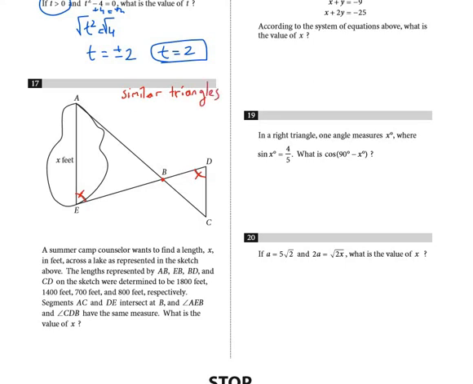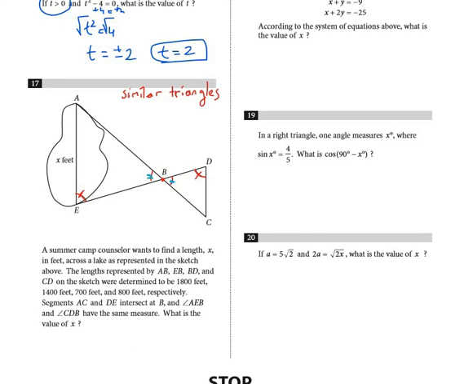There are two conditions that make two triangles similar. One is we have to prove two angles are exactly the same, or the ratios are all the same. Here we were given one angle that is exactly the same. These two angles are the same because they are vertical angles, and vertical angles are equal.